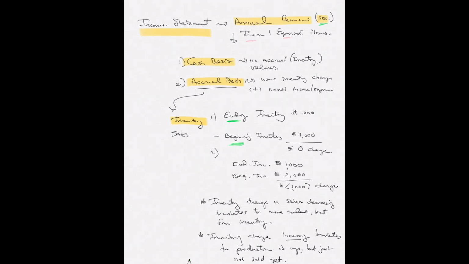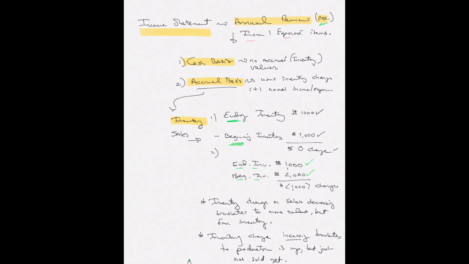So inventory is this concept where we're trying to compare. Ending inventory is a number, and beginning inventory is another number for whatever period of time that we represent here. In the case of sales, and I'm looking here at sales, ending inventory being $1,000 and beginning inventory being $1,000 means there was no change.